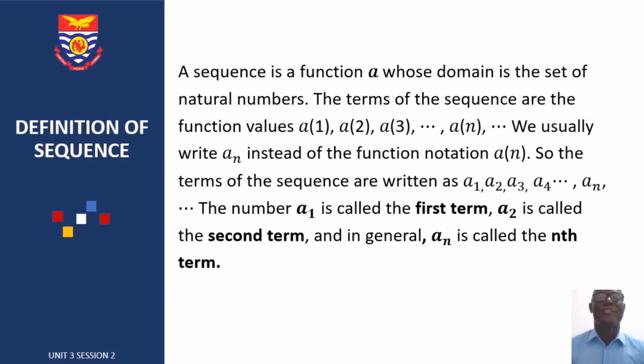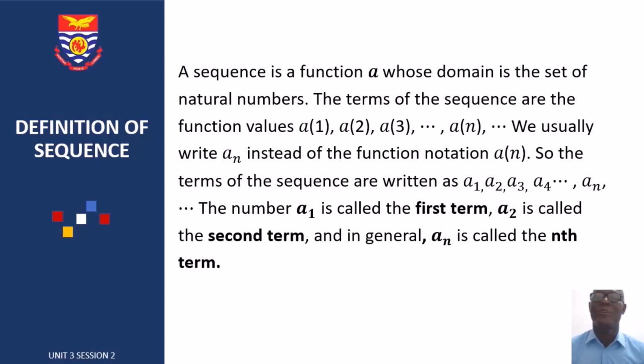Definition of sequence. A sequence is a function a whose domain is the set of natural numbers. The terms of the sequence are the function values a of 1, a of 2, a of 3, a of n, up to infinity.